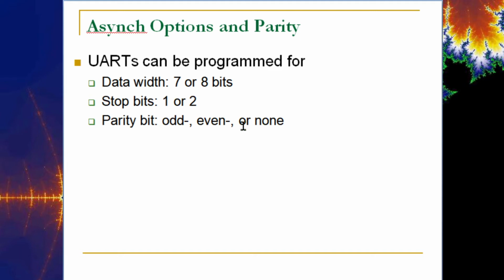So if you had 8 bits and a parity bit, it's possible here that you could have 11 total bits, or 12 total bits, because there's a stop bit in front of this. So stop bit, and you could have up to 8 bits, that's 10. Then you could have 2 stop bits beside that, and one of those could be a parity bit. So whatever the case may be, you can program the UARTs for any of those operations.